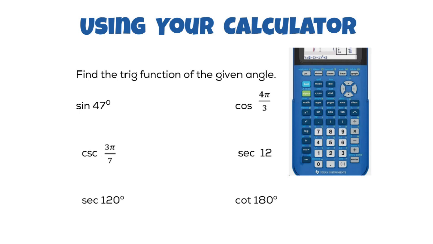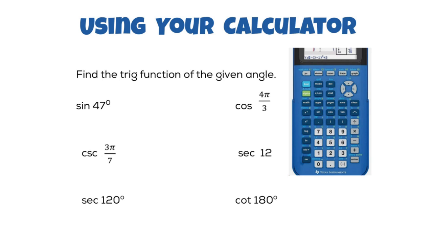Now, on our calculators, we don't have a button for cosecant or secant or cotangent. Those reciprocal identities do not have a spot on our calculators. So we have to kind of manipulate them a little bit. So let's look at how to do this. One of the things, the first couple here are just sine and cosine.